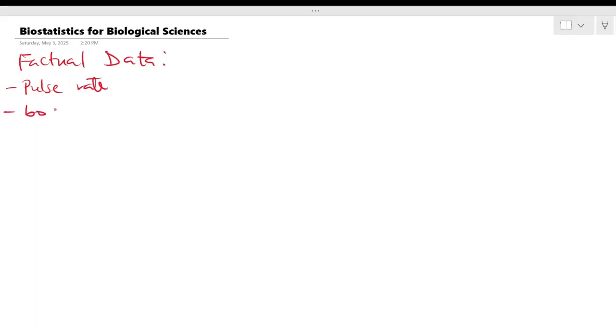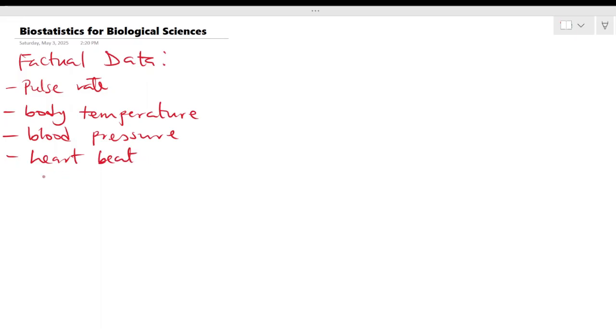They actually call these vitals. When you visit the hospital, they tell you they want to take your vitals. So they take things like the pulse rate, the body temperature, the blood pressure, heartbeats, weight, etc.